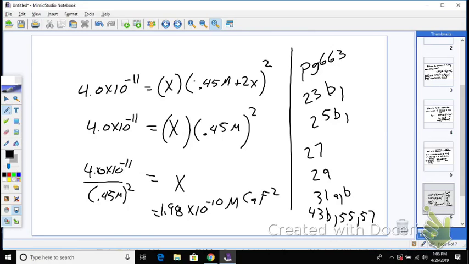I hate doing these discussions on Friday, but we're almost done. We just got electrochemistry to do after this, and that'll take 3-4 days.